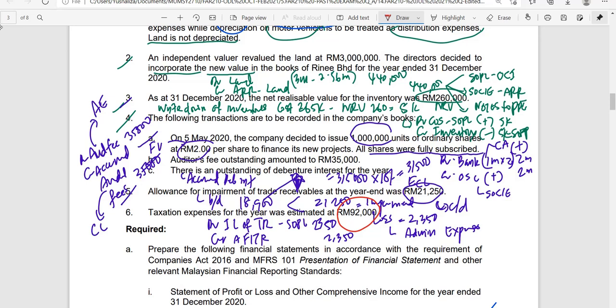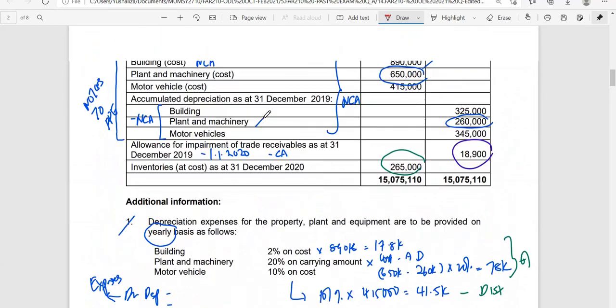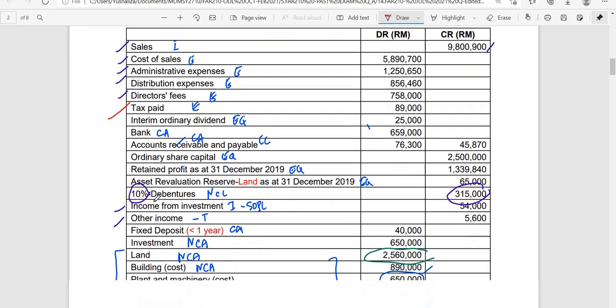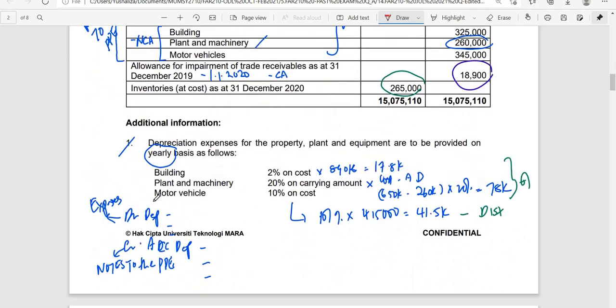So what you're going to do is you're going to debit the tax expense, which is in the statement of profit or loss, SOPL, and the tax paid, you can see in your question in the statement, the trial balance, there was a tax paid there, and that tax paid was how much?